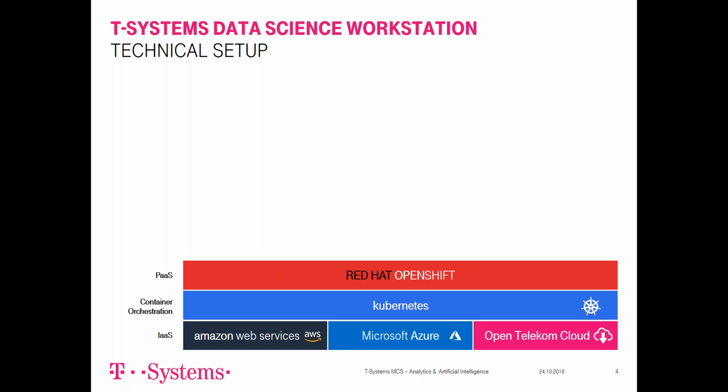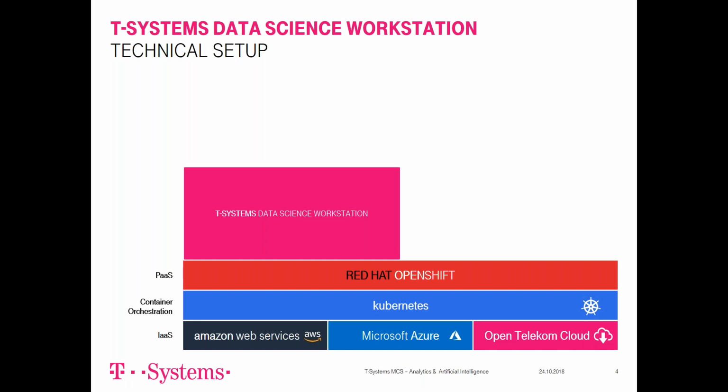Then on top of this platform, we offer the T-Systems Data Science Workstation. So the Data Science Workstation is fully based on microservices, this very innovative technology. And we will see on the next slide how the Data Science Workstation is set up.